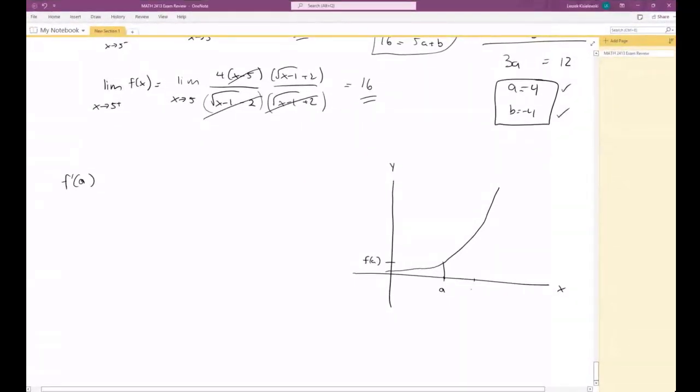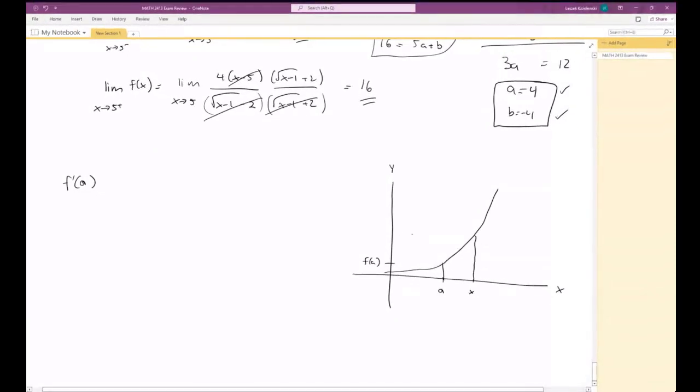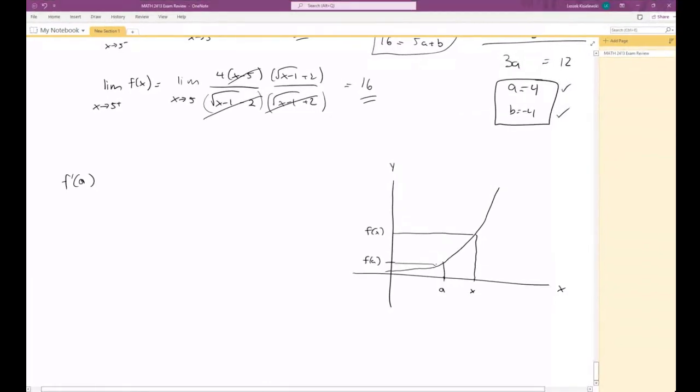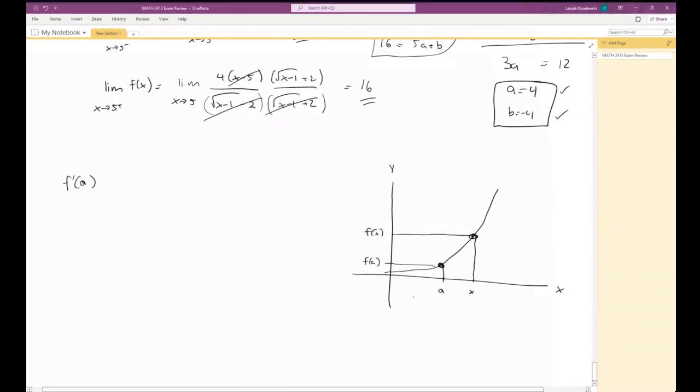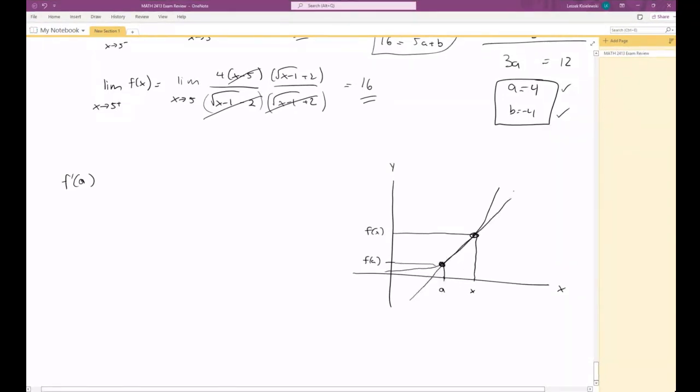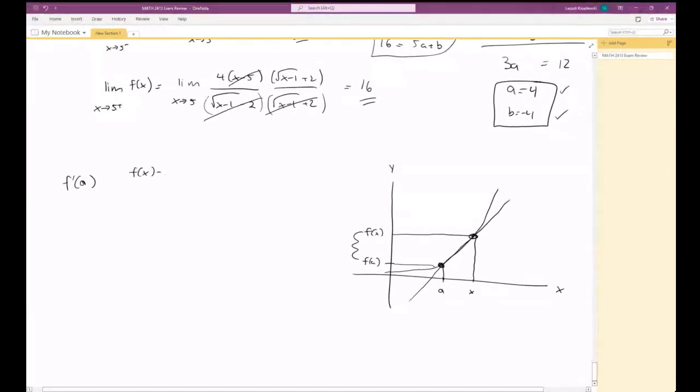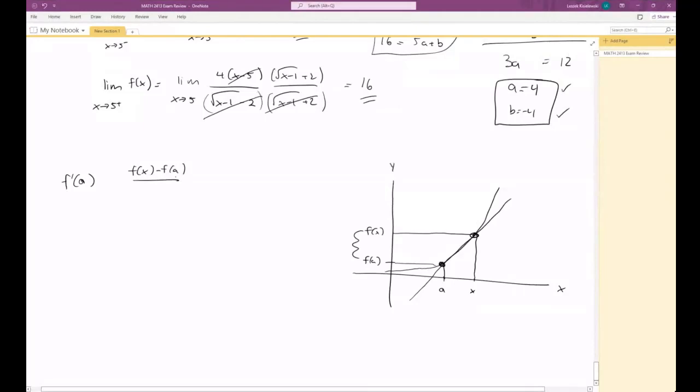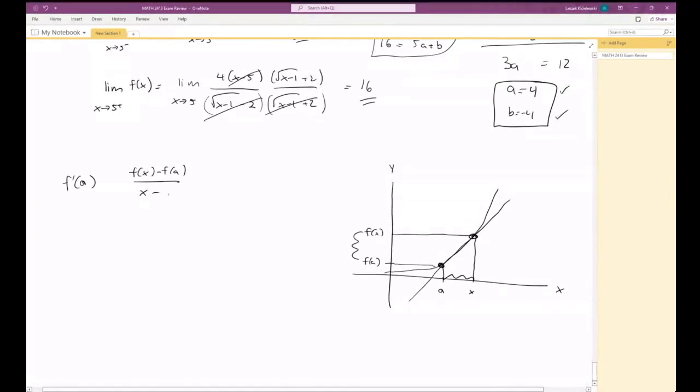And then we take a value of x somewhere else and plug that x into our function. If we know how to find the slope of a line that contains 2 points, that slope is the change in the y values, which would be f at x minus f at a, divided by the change in the x values, so x minus a.